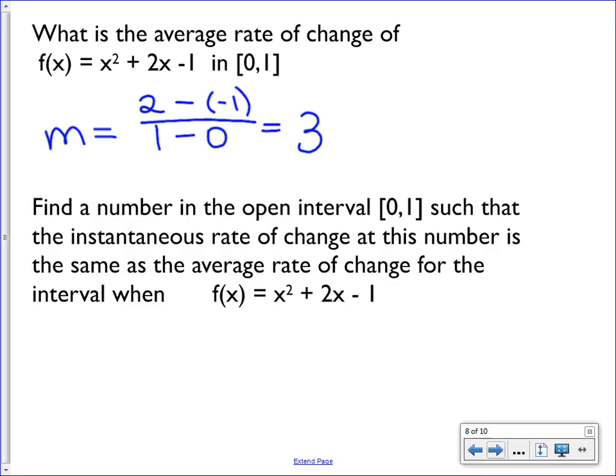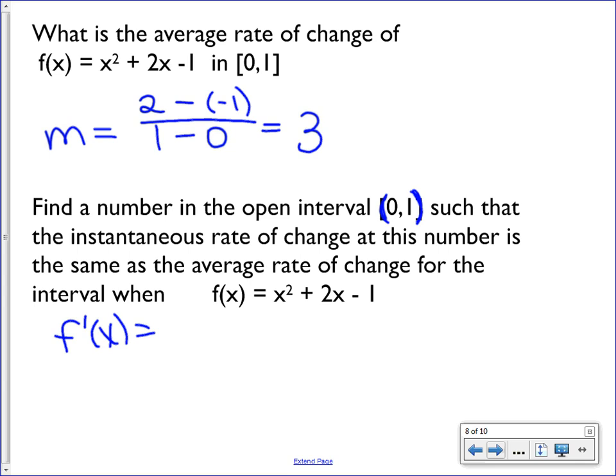Okay. Keeping that in mind, I want to find a number in our interval 0 to 1 such that the instantaneous rate of change is the same as the average rate of change. Okay? Mean value here. So what do we need to do? You set the derivative equal to 3 instead of equal to 0. So we need the derivative.